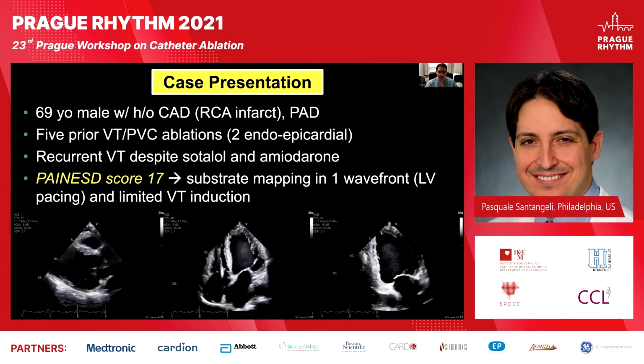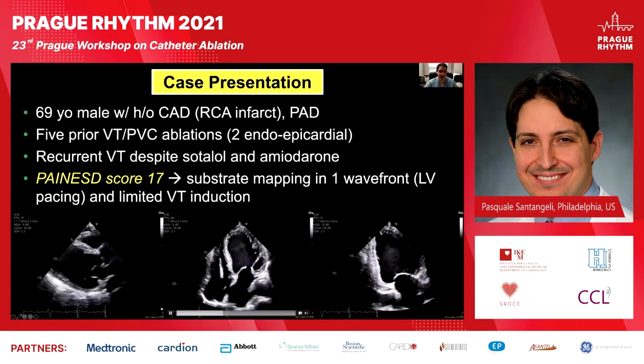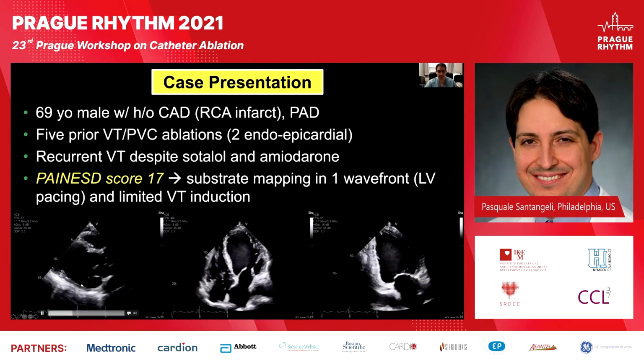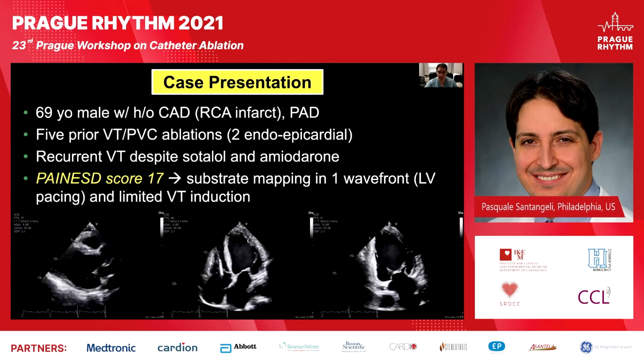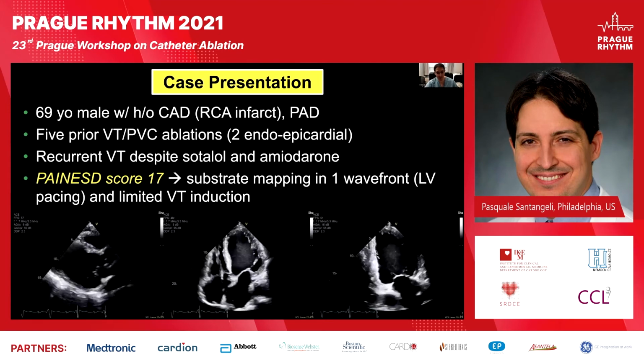He's a 69-year-old gentleman with history of coronary disease and inferior infarction with a significant scar, as you can appreciate here on the echo images, plus a significant PAD with iliac stents bilaterally that we knew up front. He had undergone a total of 5 prior PVC and VT ablations at 2 different institutions, including 2 endo-epicardial procedures, and every recurrent VT despite sotalol and despite amiodarone presented with ICD shocks.